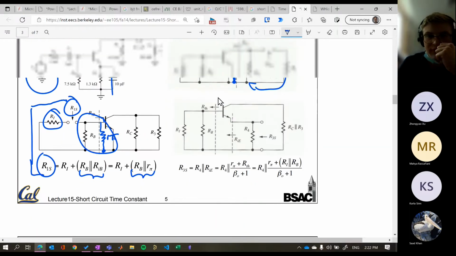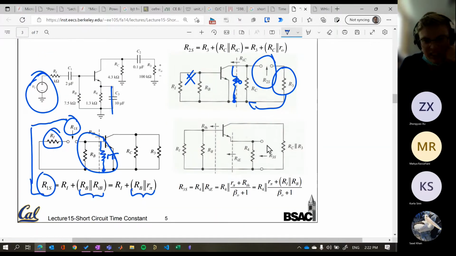R3 is going to get a bit funky. So R3 is sitting down here, and we're looking for the resistance into our third capacitor. So it's going to be R4 in parallel with this resistance reflected into our emitter. There's R pi connected between emitter and base there.